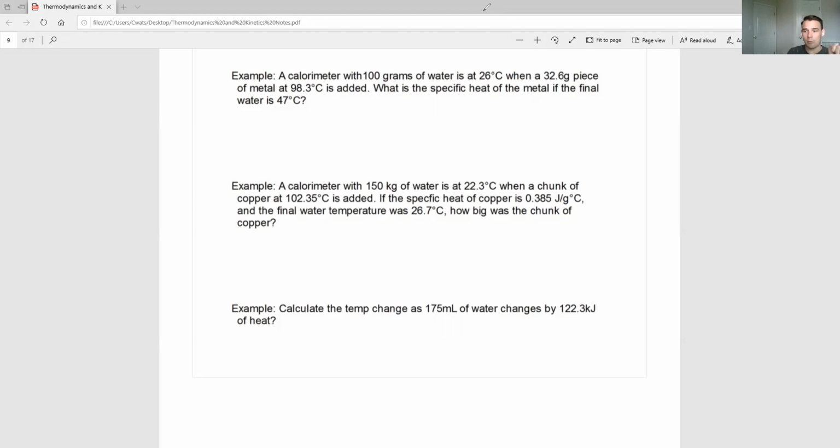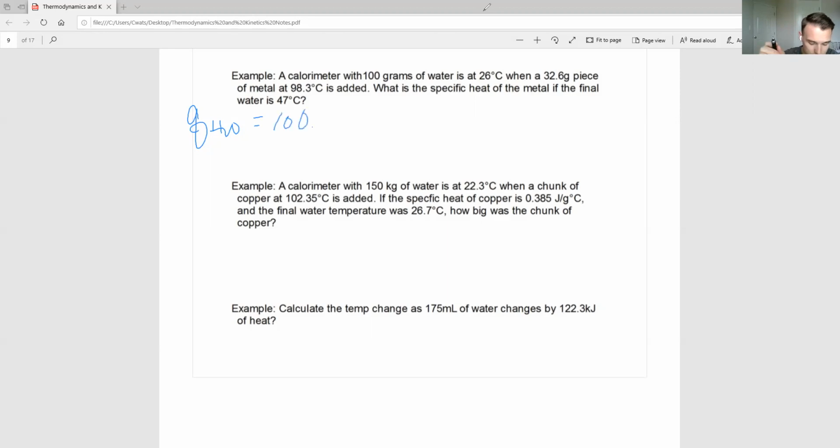When we do a calorimetry problem, we always start by determining the Q of the water. The reason why, and this is very important, is I always know all of the information about the water. I'm measuring the temperature of the water, I know how much water I have, and most importantly, I know the specific heat of water. So for this one, the Q of the water is going to be, we've got the mass, so that's 100.